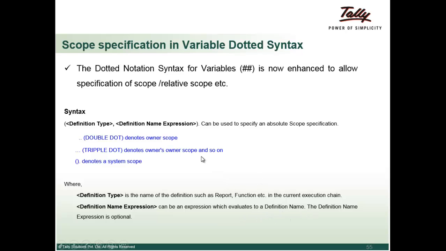So for example, you are at a field level and you want to access the value of a variable from a function. How can you do it? All those things we will see here.